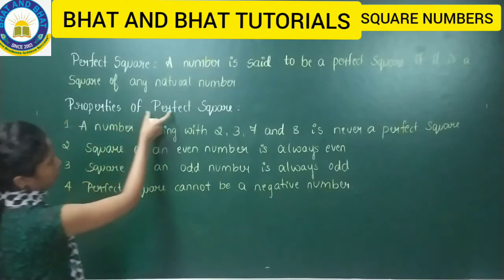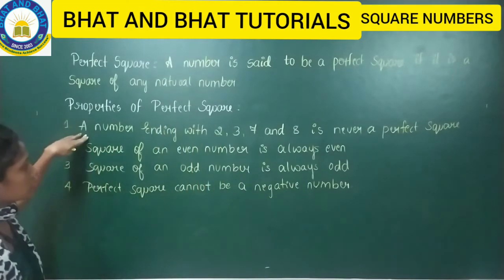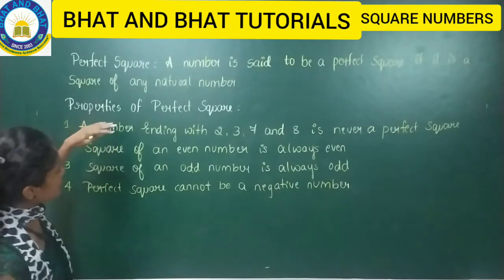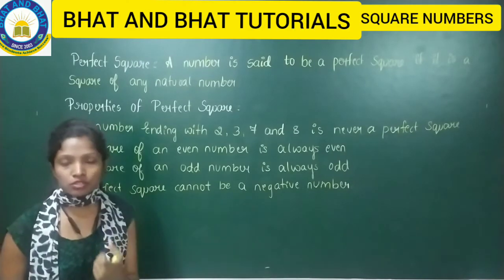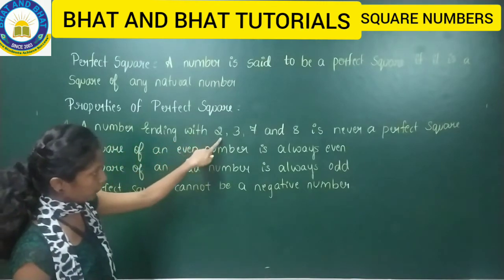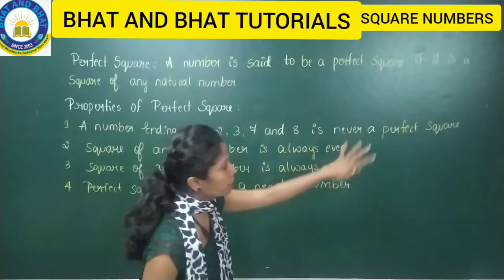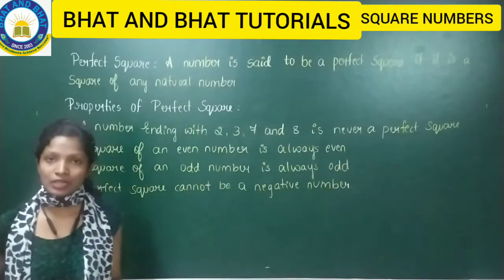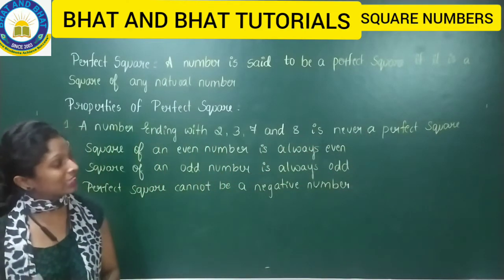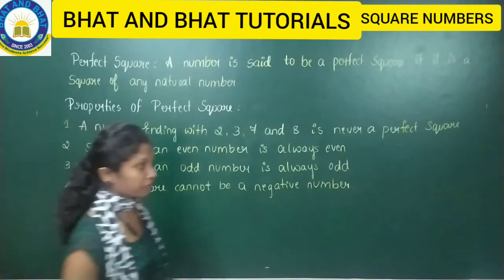So what are the properties of a perfect square now? See here, the first property, properties here being nothing but the features of a perfect square: a number ending with 2, 3, 7 and 8 is never a perfect square. Some numbers are going to end with 2, 3, 7 and 8, and we are not going to call such a number a perfect square.